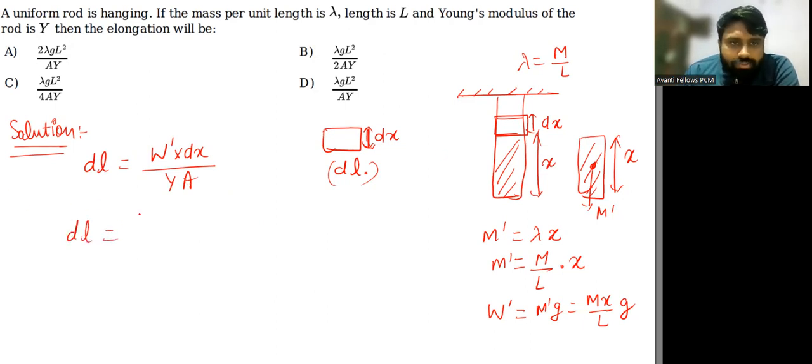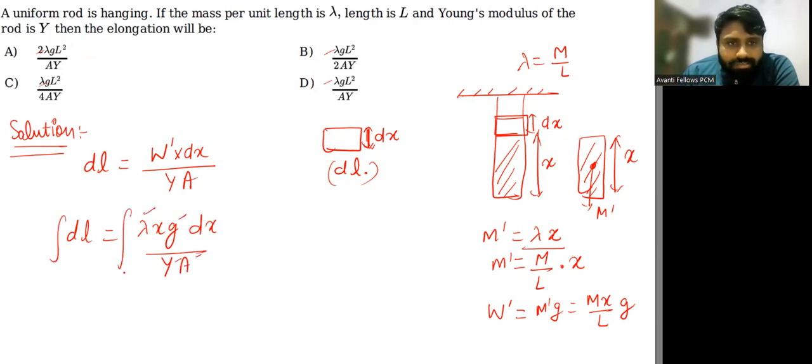Now dl is equal to W dash. Put the value of W dash. It is m dash into g, and m dash is lambda x. So lambda x into g, because in the answer only lambda terms you will see. So we will take this m dash in terms of lambda. So lambda x g dx divided by Y into A. Now this lambda g, Y and A are constants.